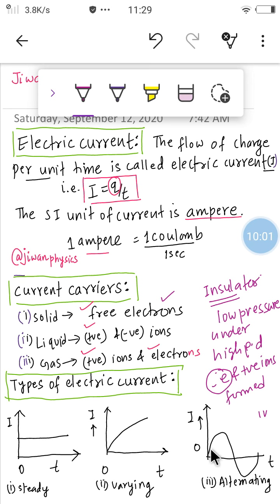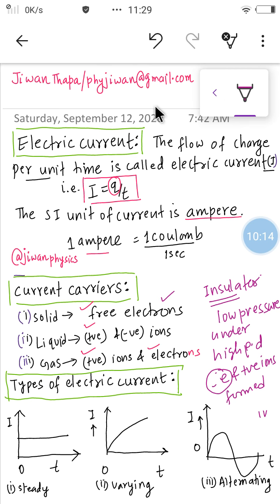So what we see in case of alternating current, the magnitude of current changes at each point, and the direction changes periodically.